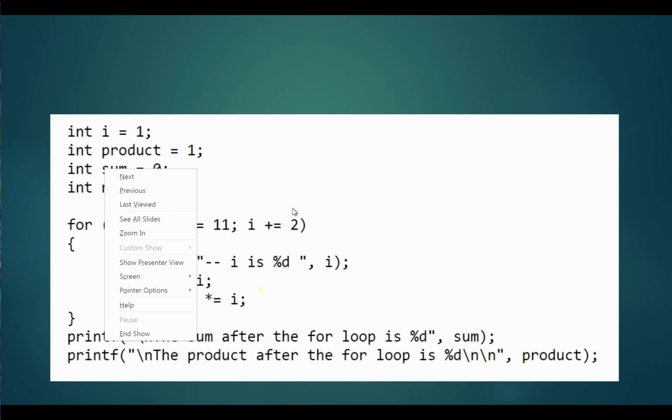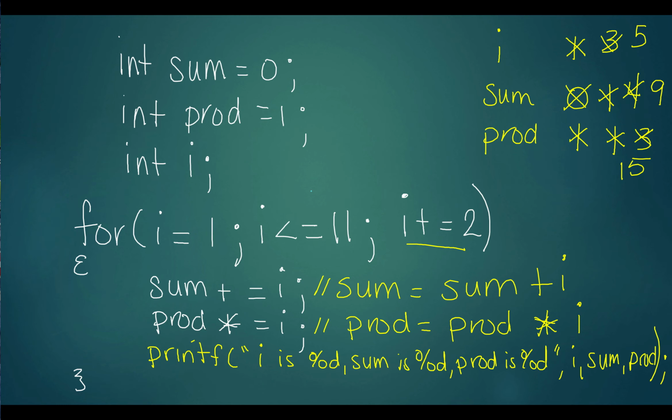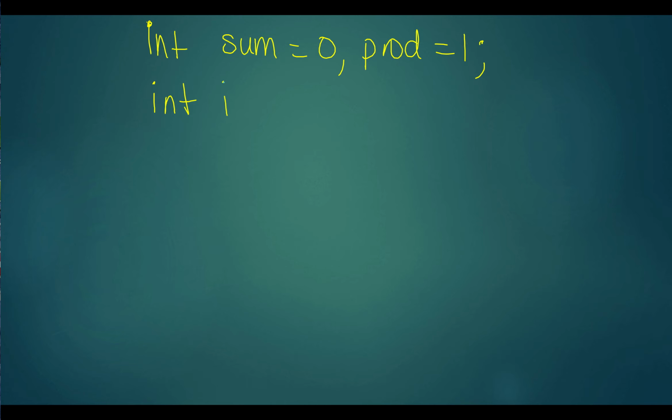Okay, now we can go back and do the same thing with a while loop. So we have our integer sum equals 0, product equals 1. Our integer I, now since this is a while loop, we're going to have to initialize our I before the loop starts.